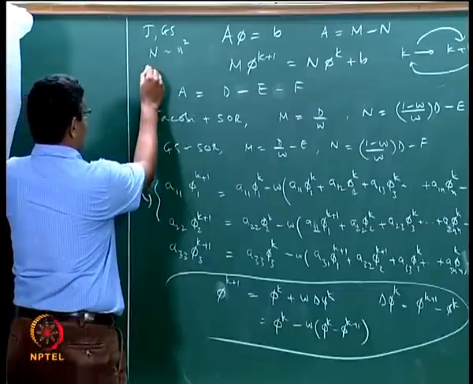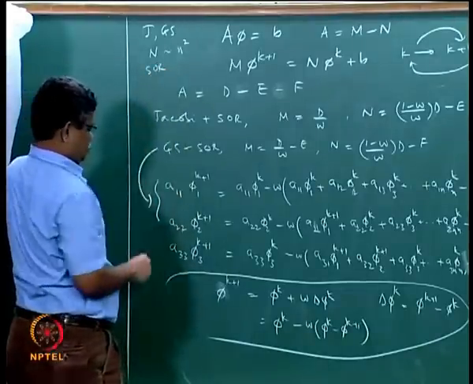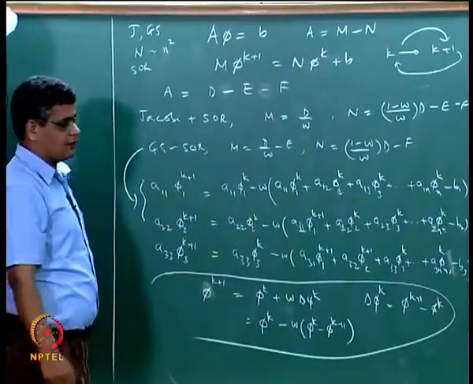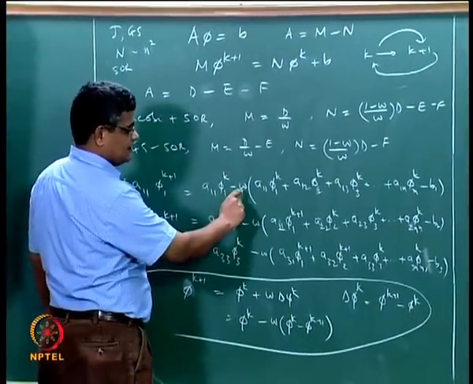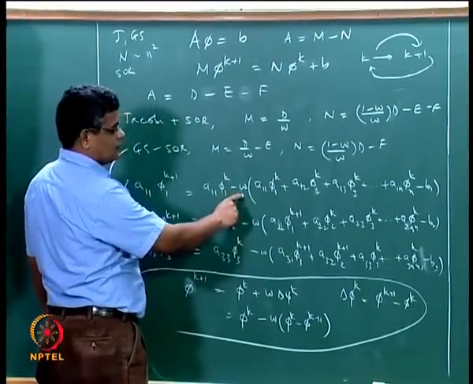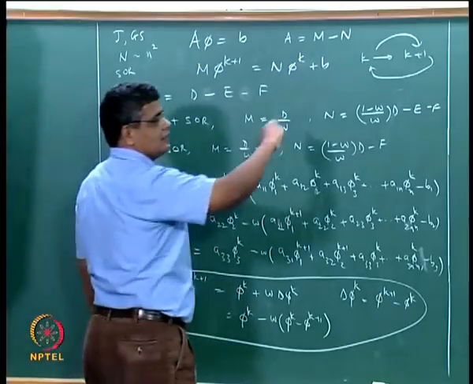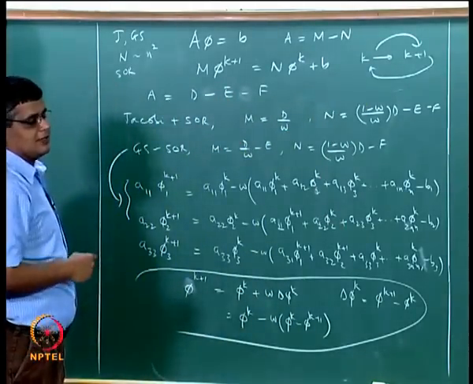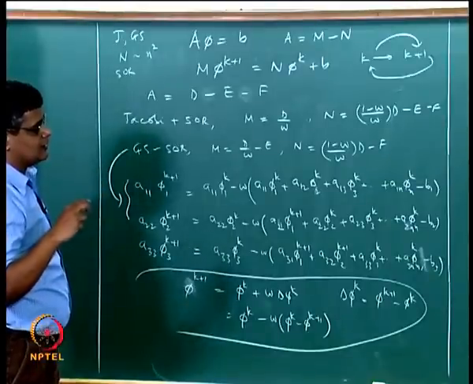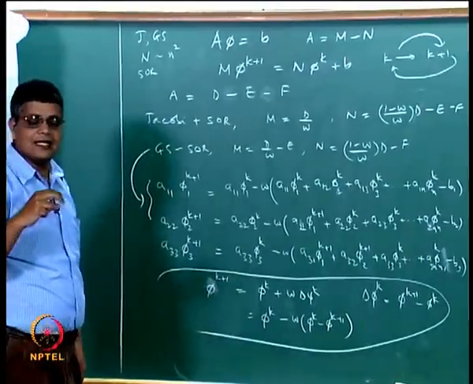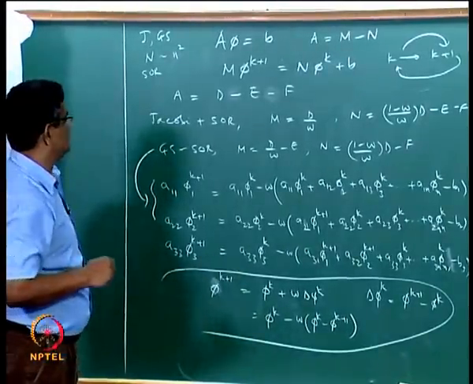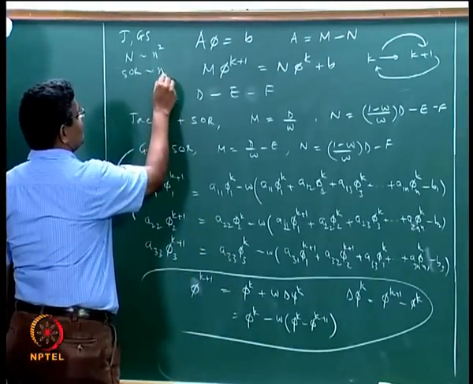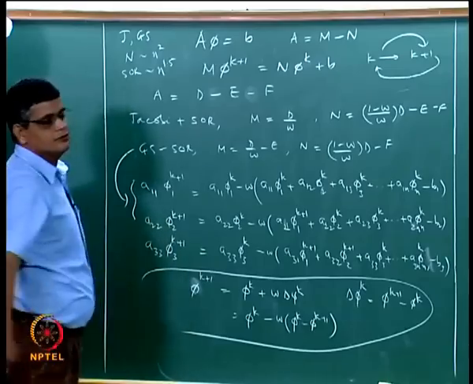And the SOR method with the optimal parameter of omega, that value of omega which will reduce the number of operations to the minimum necessary to achieve the desired accuracy of evaluation of this phi, is such that this will vary as n to the 1.5.